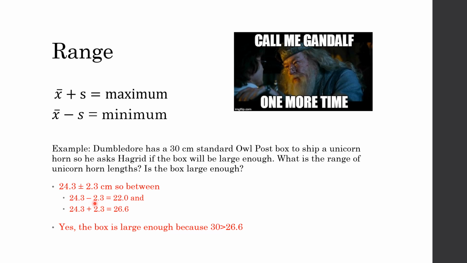So when we subtract, we get 22 centimeters. When we add, we get 26.6. Now, this is the upper limit, so this is what we're really concerned about. And yes, the box is large enough because the 30-centimeter box is bigger than our maximum value for our range, which is 26.6. So Dumbledore should be good to go.